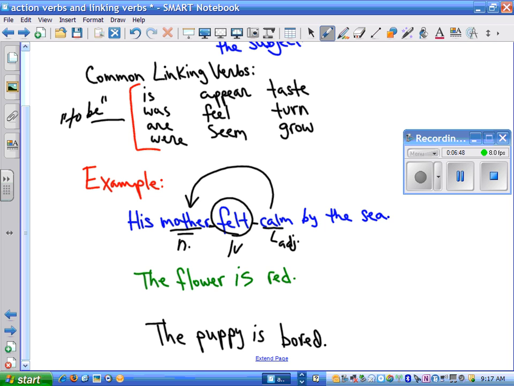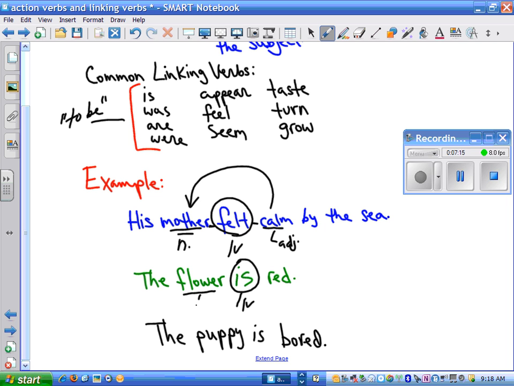In our next sentence, the flower is red. We see something similar happening, right? We should, if we're thinking about linking verbs. Our linking verb in this case is that form of to be, is. And again, we want to think about, well, what gets connected? And here it's fairly obvious. At least I hope you see it as something that's obvious.